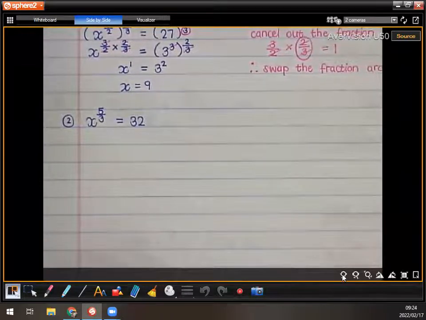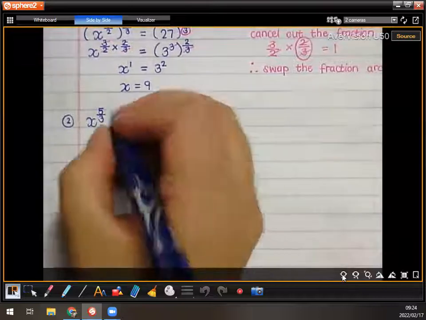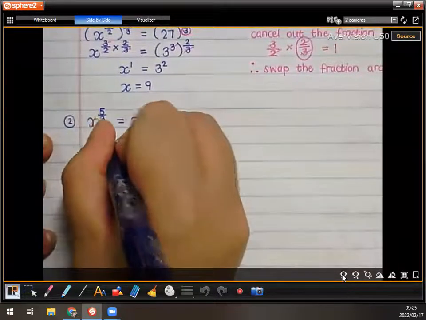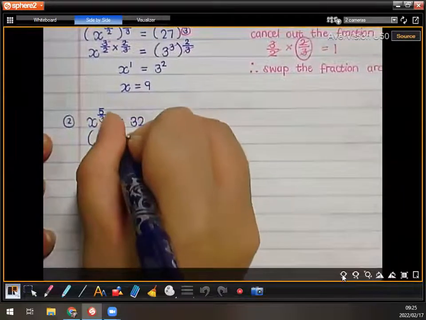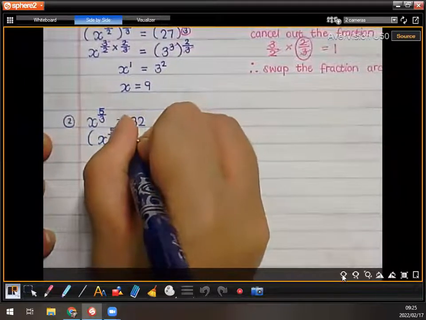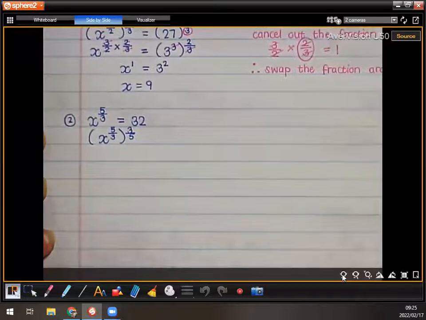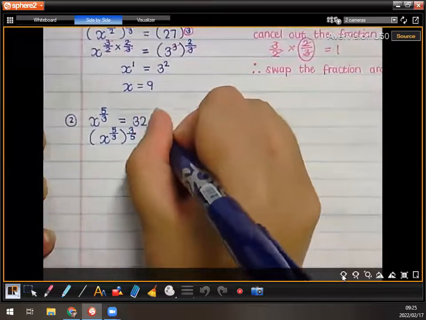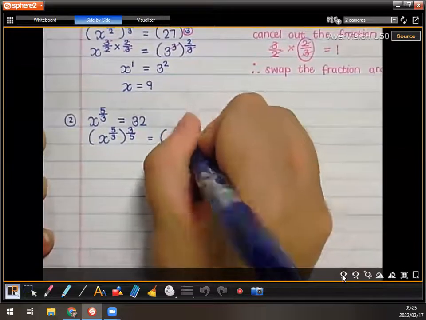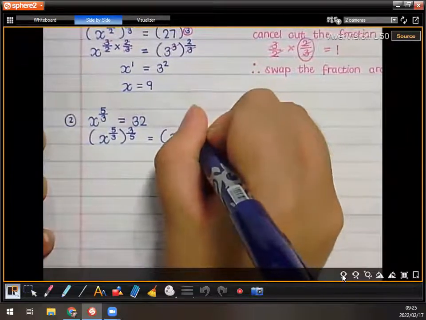And if that happens, then you're going to use the method. So what am I going to get if I swap 5 over 3 around? 3 over 5. So I'm going to raise both sides to 3 over 5. So I'm going to say x to the 5 over 3, to the power of 3 over 5, so I'm just swapping that fraction around, is equal to 32 to the power of 3 over 5.